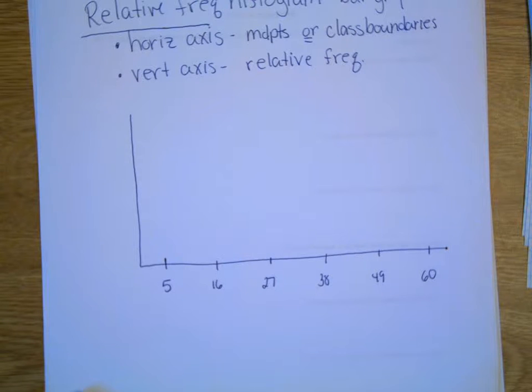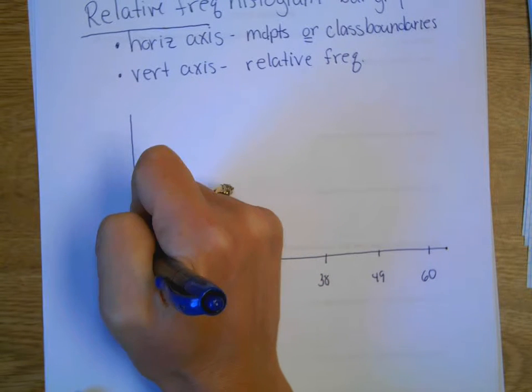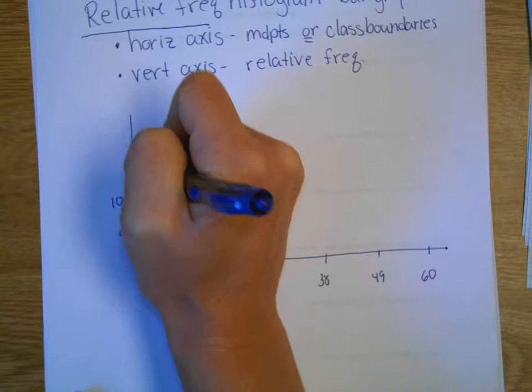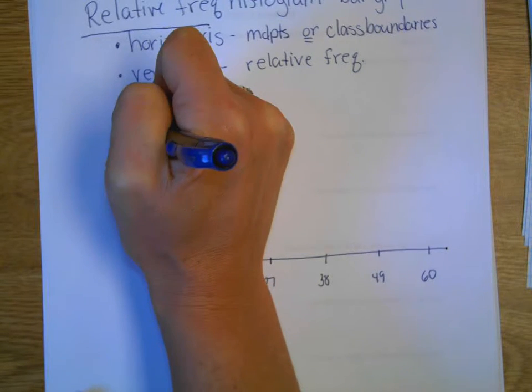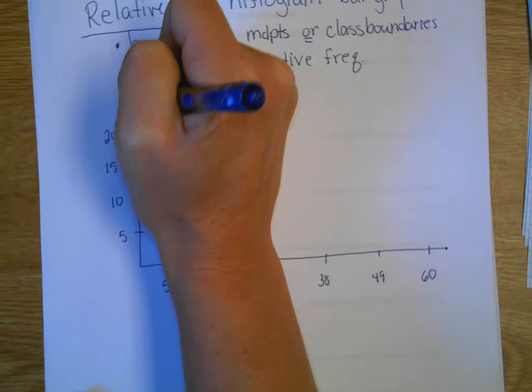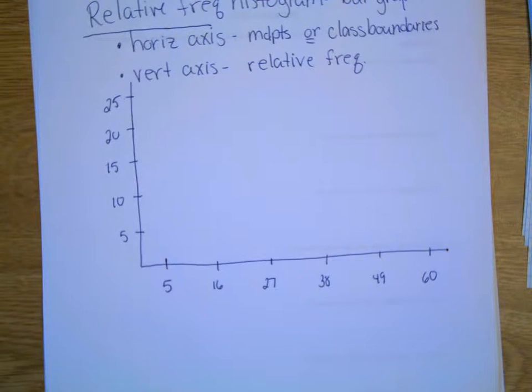And now on the verticals, our frequency will go by, we went by 5. Ready for the first bar? Not yet.